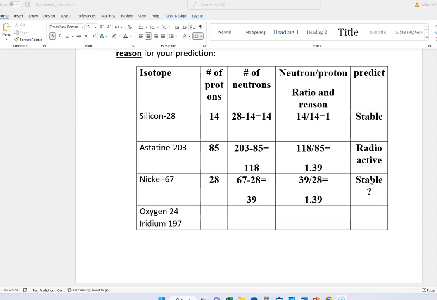You have to use a Geiger counter and see if these things are stable or not. This one actually is not stable, and the reason is this odd number of neutrons. Remember, the nucleus likes to have even numbers of protons and even numbers of neutrons.